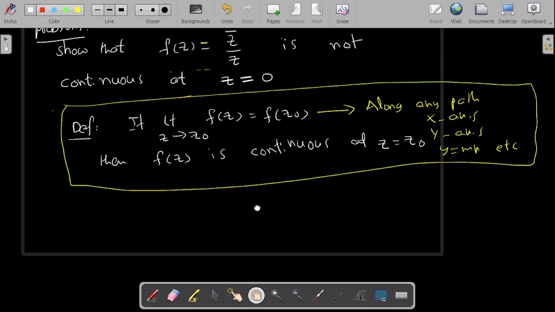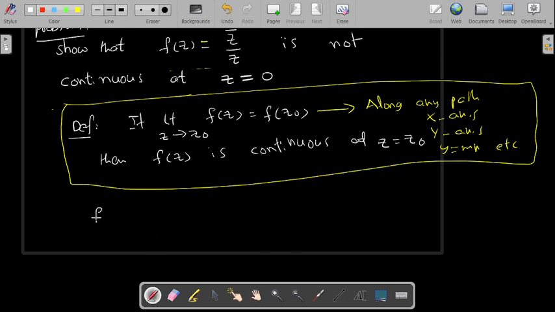Given f of z equal to z bar by z. So you know z is a complex variable, x plus iy. Its conjugate is x minus iy.